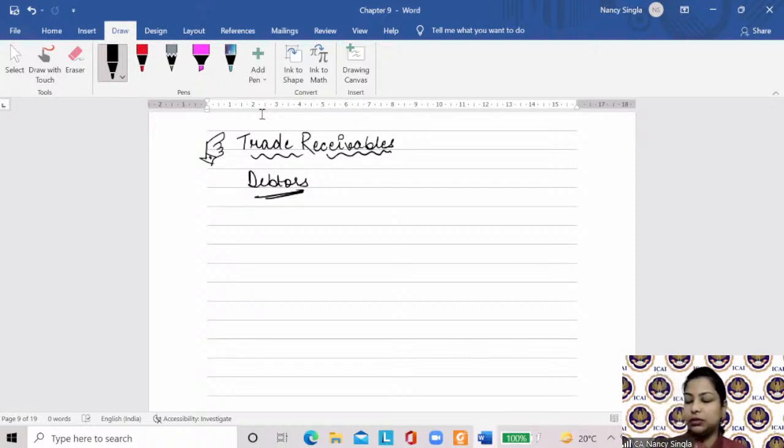Clear or not? Yes, students, if valuation is required with respect to borrowings, you will be writing with respect to valuation only, na? If disclosure requirement has been asked, you will be writing with respect to disclosure requirement only. Pooja, clear?